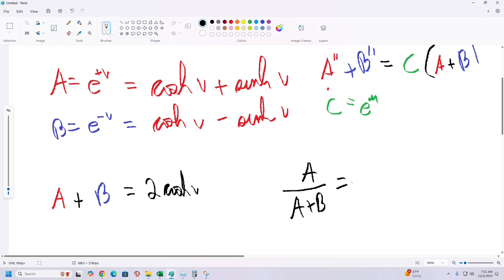Because whether you write it as 27 over 27 plus 3, it's also equal to 3 over 3 plus 1/3. Is it not?